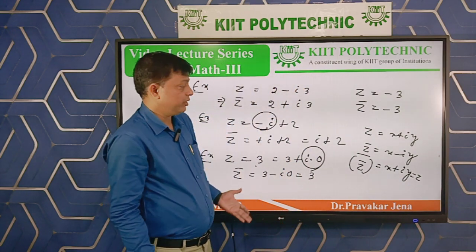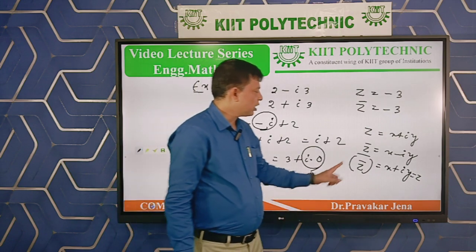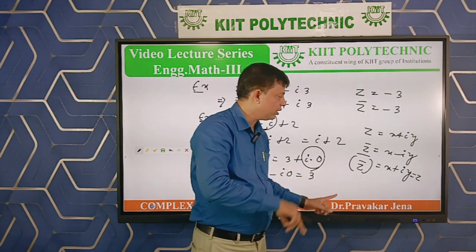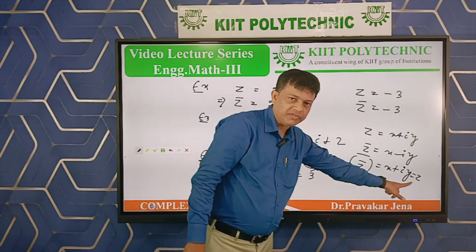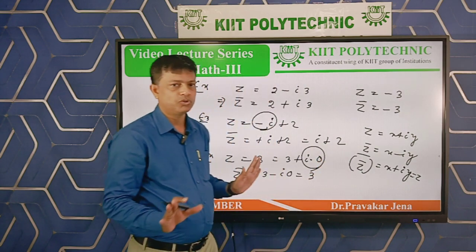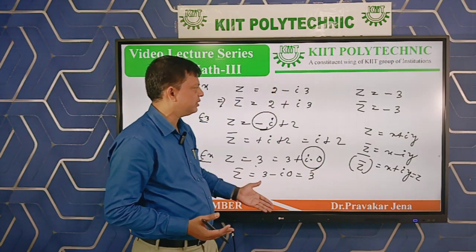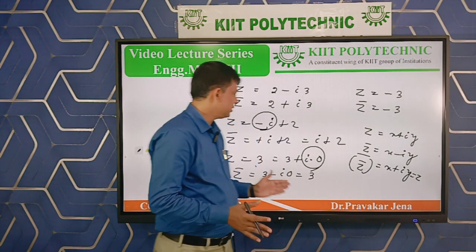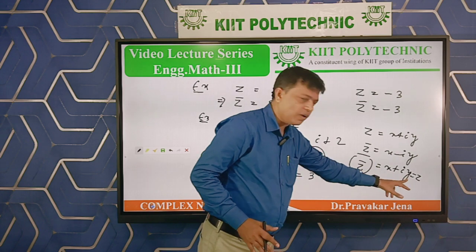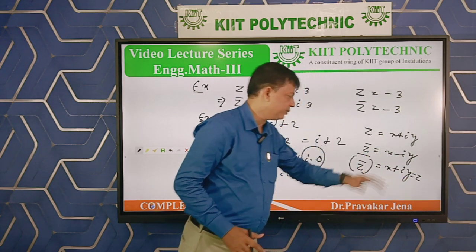Very simple. What is the rule here? You have to remember, the conjugate of the conjugate of a complex number is the complex number itself. Z bar whole bar equals z, no doubt. If you take any example, no problem. If you take z equals 2 minus i3, z equals minus 3, or z equals minus i plus 2, you will always get this. This is one rule. You have to remember it: z bar whole bar equals z.